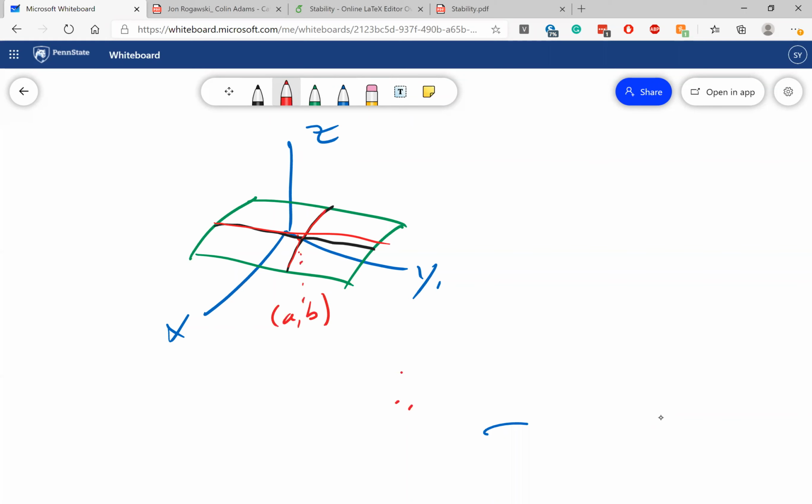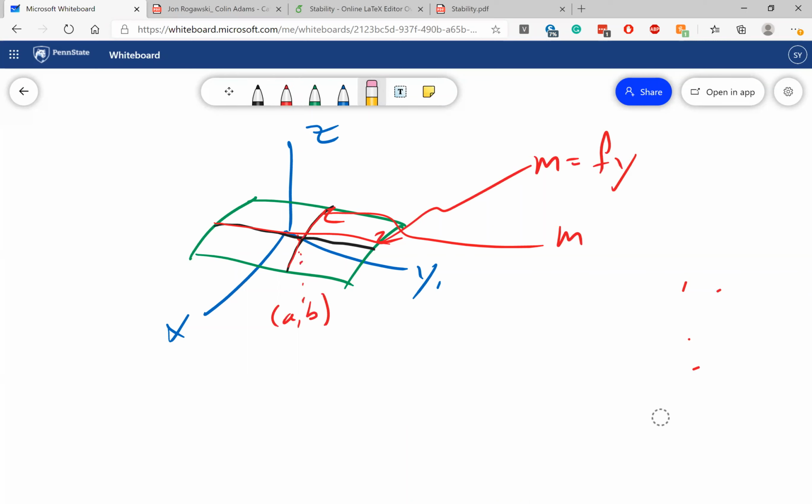And the slope of this line, m, is equal to f, one second, so this is going to vary with respect to y, so f with respect to y. And the slope of the other line, which is varying with respect to x, would be m equal to f with respect to x.